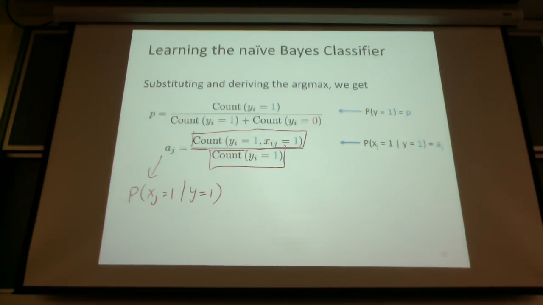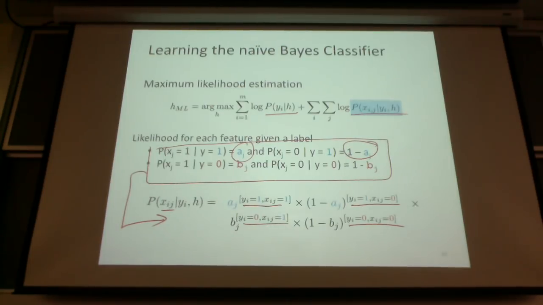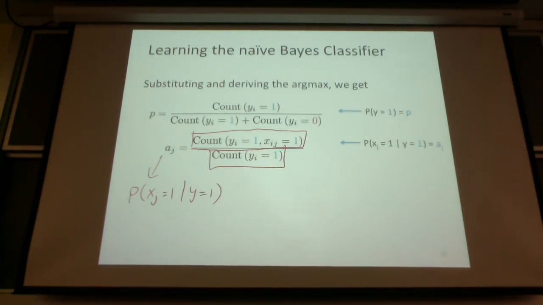This is the maximum likelihood estimate. You should be able to prove this if you take the derivative of the likelihood term here with all these indicators thrown in, then take the derivative with respect to aj and set it to 0. It's a good exercise and you absolutely should do it.